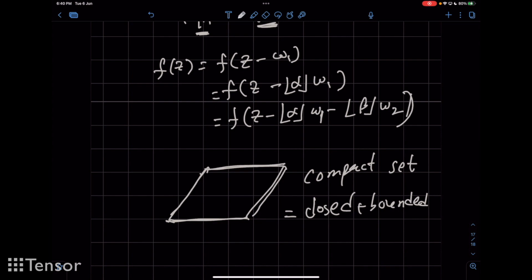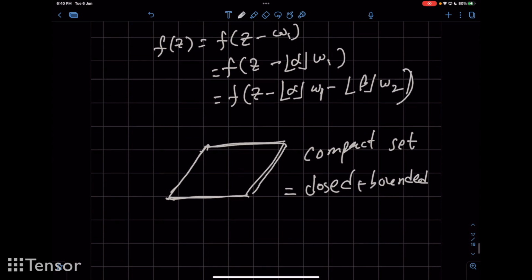There's a theorem in real analysis that if I have a continuous function on a compact domain, the function is bounded. So here I'm considering my function to be the absolute value of f.